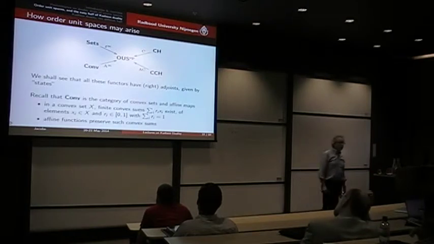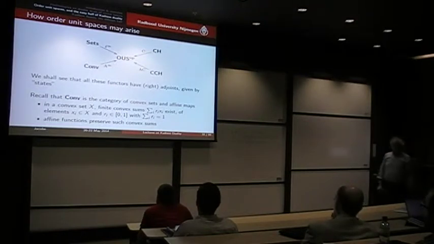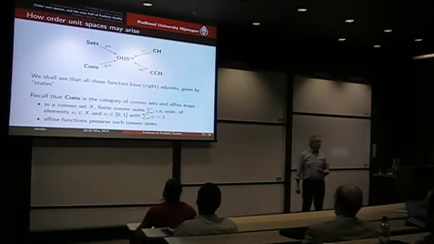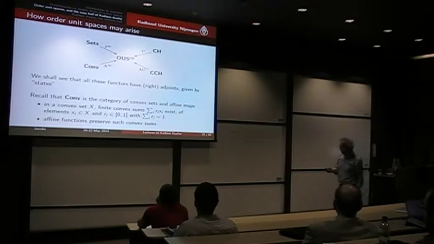Now, I've been talking about convex sets already a few times, but I haven't said precisely what they are. They're simply sets in which finite convex sums exist of finitely many elements x, y from the set itself, and finitely many probabilities r_i which add up to 1, like this.